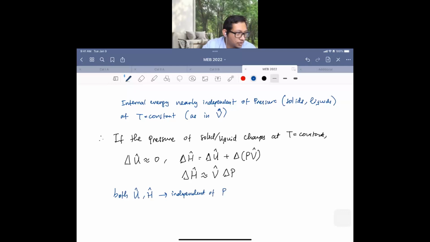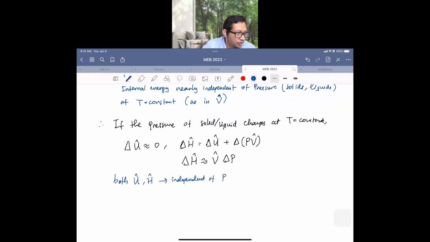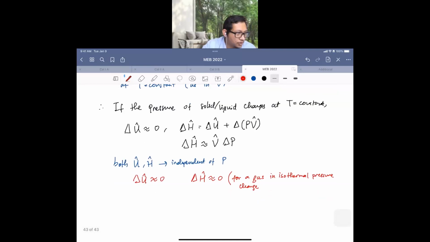Generally, we could assume this is zero, and delta H can also be zero for some gases, for a gas in isothermal pressure change, unless it is below 0 degrees Celsius or above 1 atmosphere.